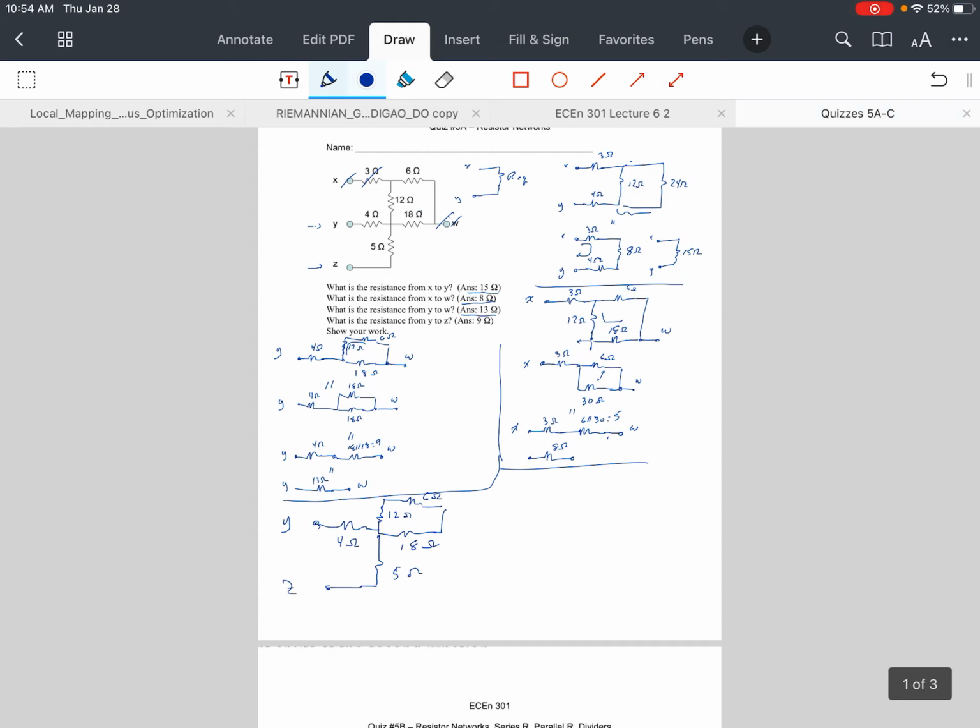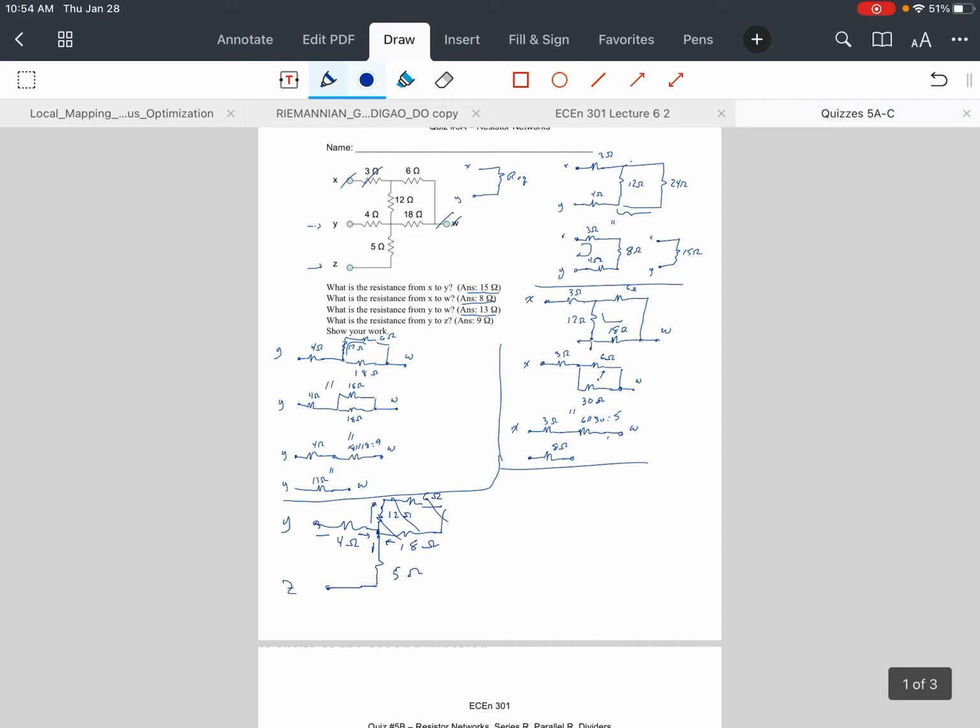Okay, so let me think about this for a minute. Any current that flows in that direction will come back out here. Anything that flows in here will eventually flow down that direction.